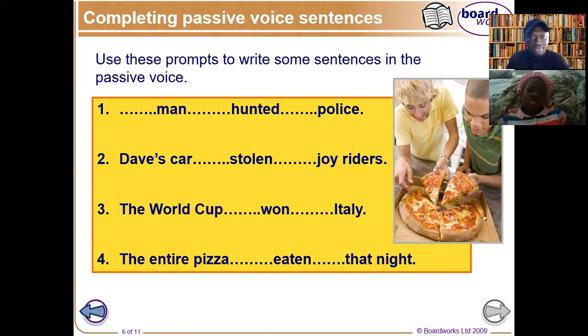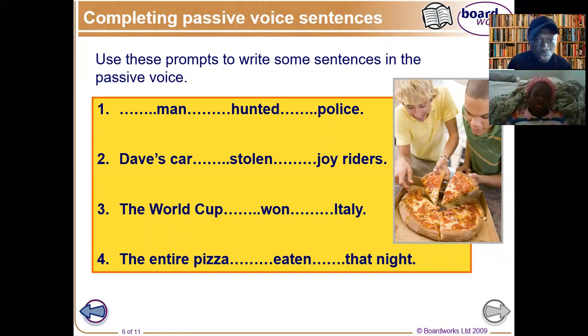Okay, number three. The World Cup was won by Italy. The Italy there is actually a football team, not just the country, okay?